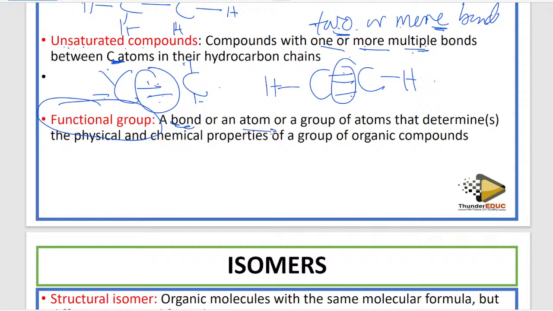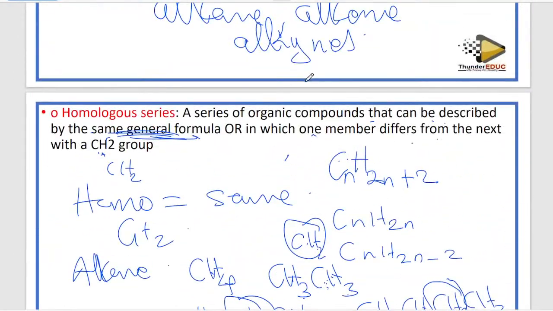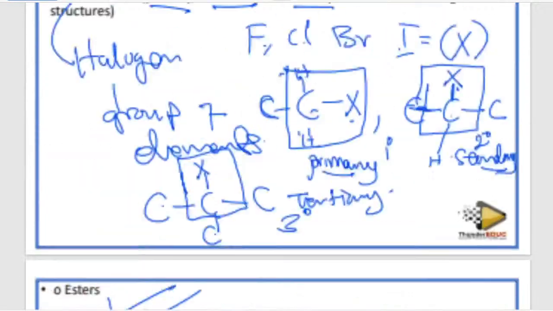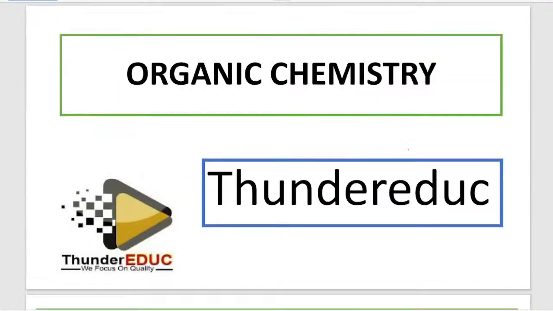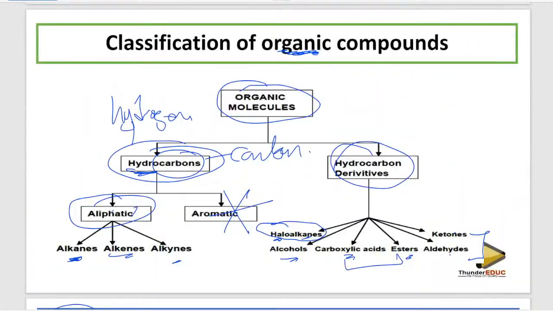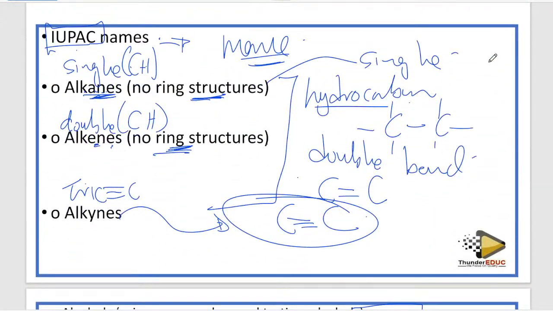It could be an atom, like fluorine, or a group of atoms, like OH. We said these alkanes are made up of single bonds.